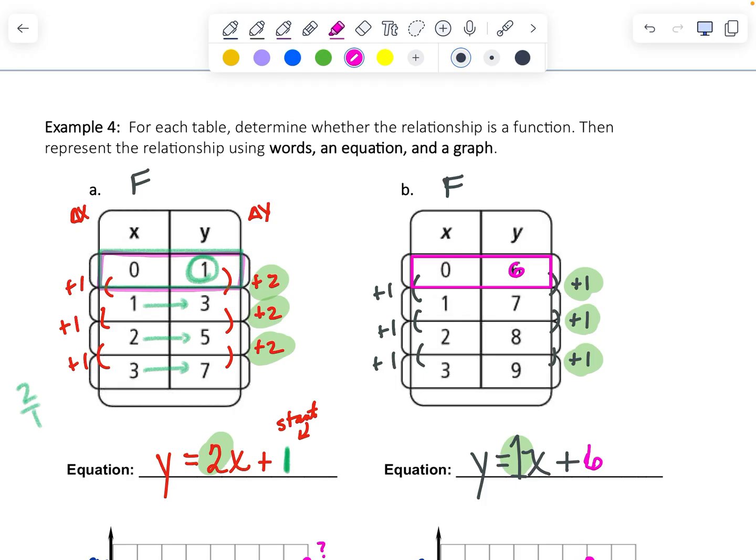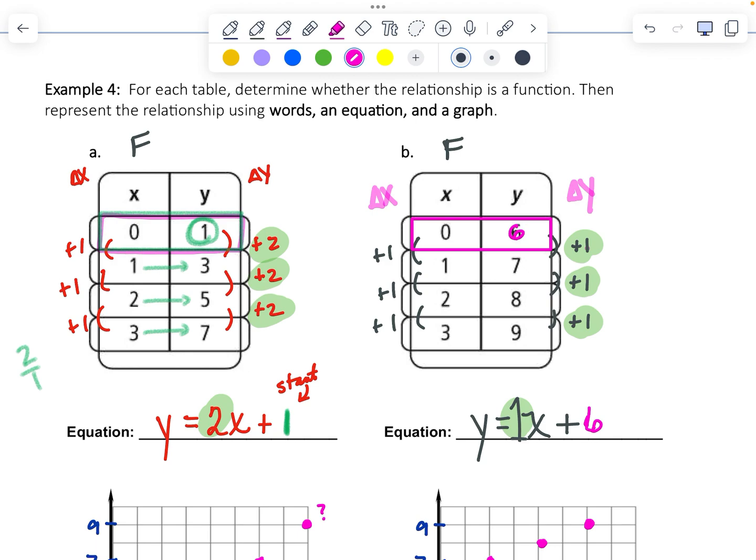The same thing happens over here, where delta y is plus 1 for all of them, and delta x, the change in x, is plus 1 for all those. So you could say y is equal to x, but that's not going to help you because it's not y is equal to 1x. You need to add something to start off.